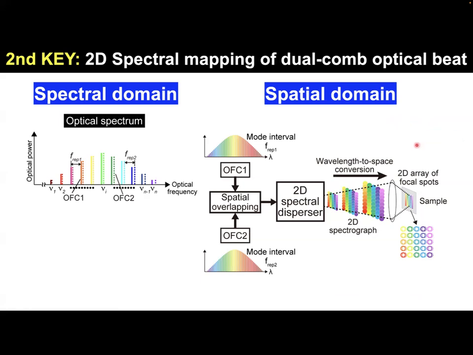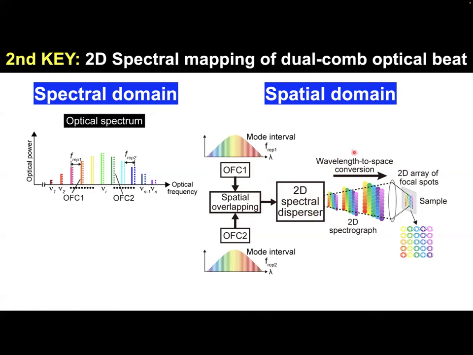We prepare a pair of OFCs with a slightly different FREP for dual-comb optical beating: OFC1 with FREP1 and OFC2 with FREP2, and they have optical spectra like here in the spectral domain. In the spatial domain, OFC1 is spatially overlapped with OFC2, and then the combined OFC1 and OFC2 is fed into the 2D spectral disperser.